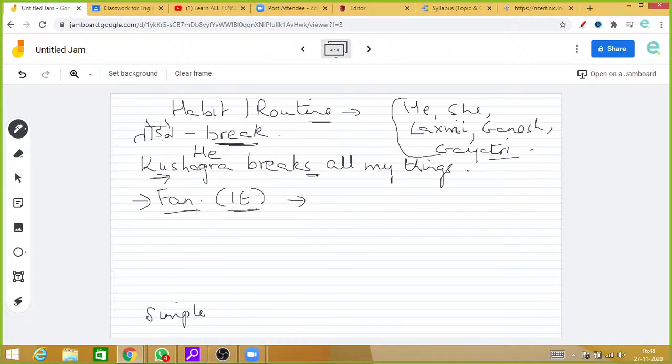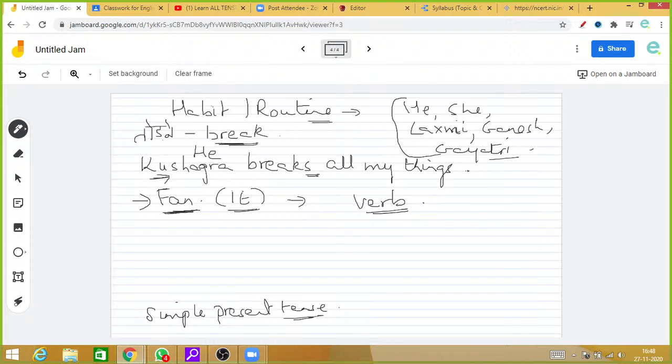Both of you can try. Ganesh, you can also try. Using a fan, just make a sentence in simple present tense. But it has to have a verb.